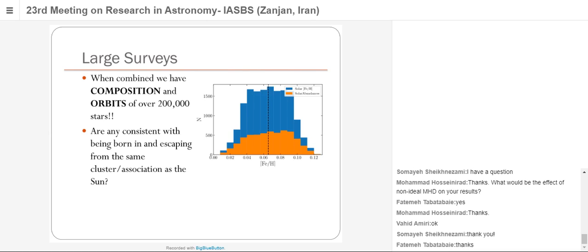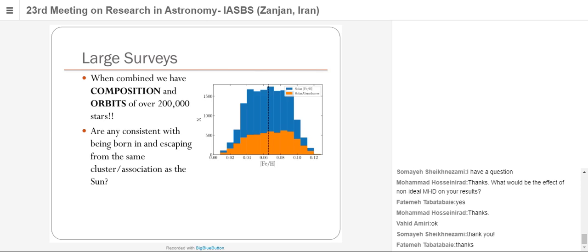And then if we extend that to other abundances, aluminum, sodium, things like that, I think we used 7 or 8 different abundances, you can pare that down to about 9,500 stars, which chemically speaking are consistent with being born in the same cluster or association as the sun.